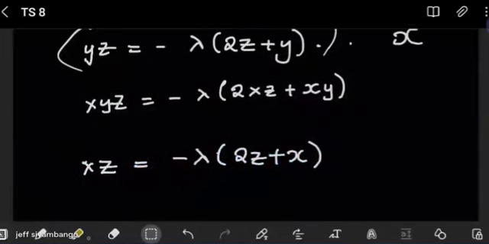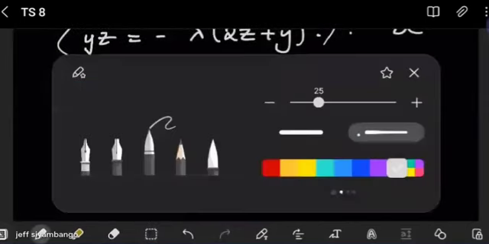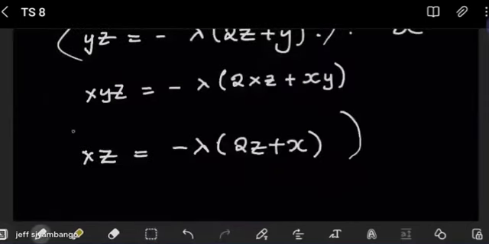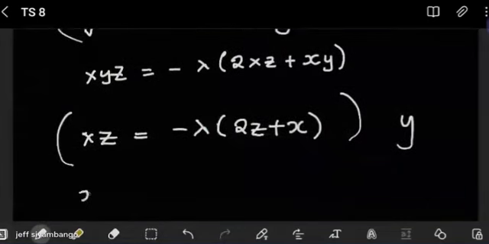Now, next up, I'll multiply equation 2. Can you guess what I'll multiply equation 2 by? I want it to be similar. I'm using that method of solving simultaneous equations, elimination, if you guys remember. So I multiply by y this time. Look at what happens to equation 2. The left side becomes xyz. And the right side becomes minus lambda.